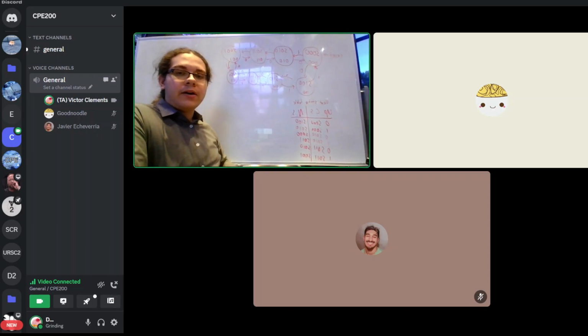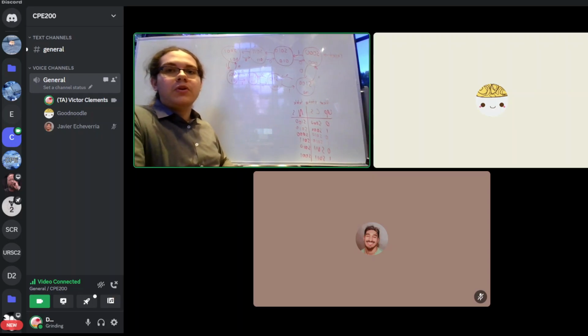So since we are doing binary, how many bits do we need for our state encodings? As a hint, if you don't remember the formula, you can also just count in binary and see how far you can go without having to use extra bits.